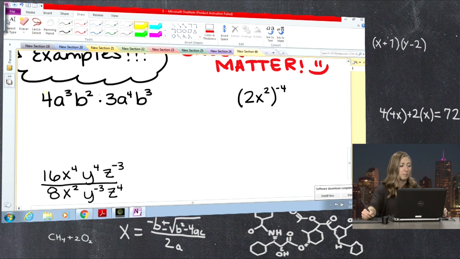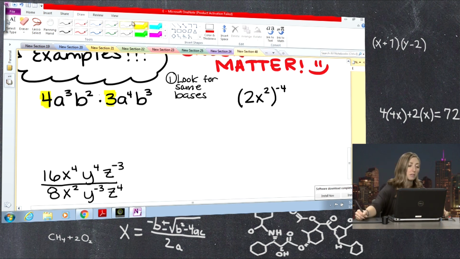So this first example, 4a to the third power times b squared, times 3a to the fourth power b to the third power. We're going to deal with this first. What I like to do whenever I'm working with these is look for same bases. If you look here, I have 4 and 3, which are both regular numbers.